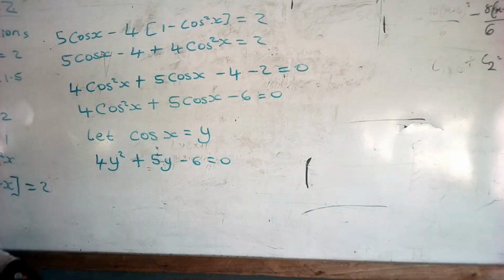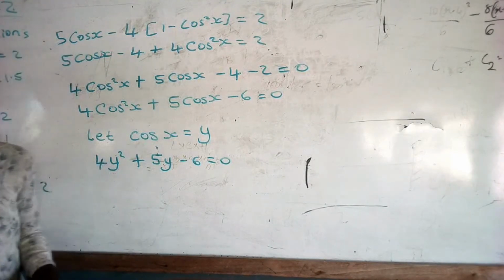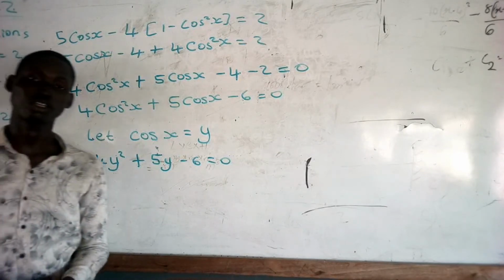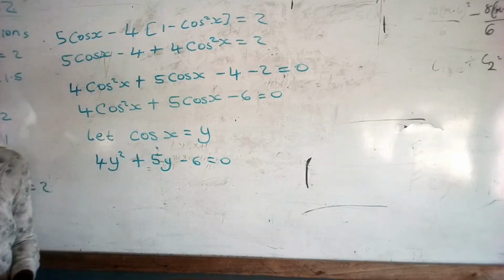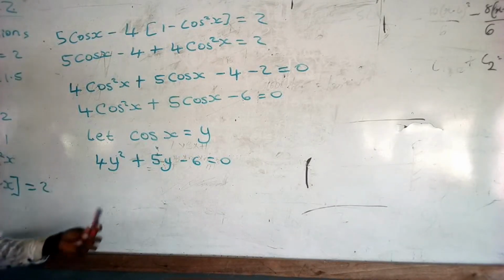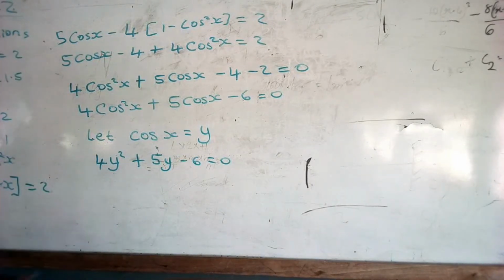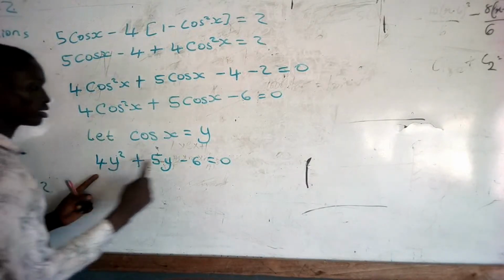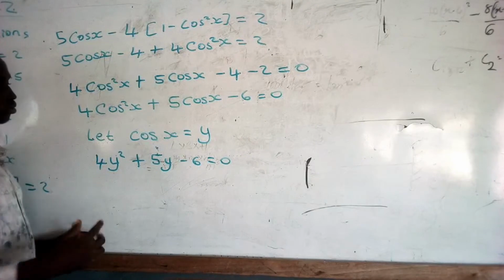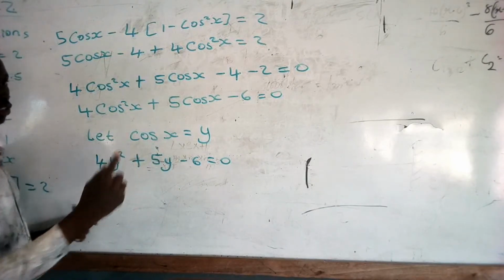There are two ways to solve it. Either you use the quadratic formula, minus b plus or minus root b squared minus 4ac over 2a, or you use factorization. By factorization, 4 times 6 will give us 24.